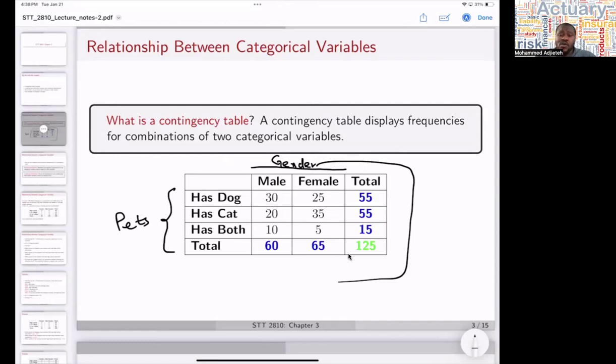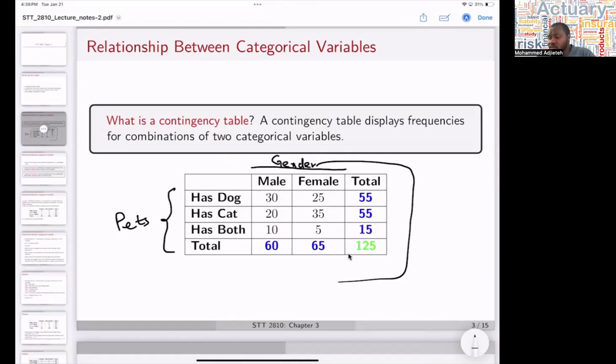And whenever you have a contingency table, you should also be able to identify what marginal distributions are and what conditional distributions are.